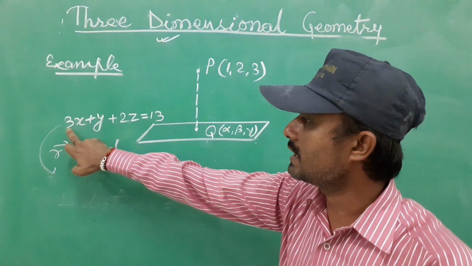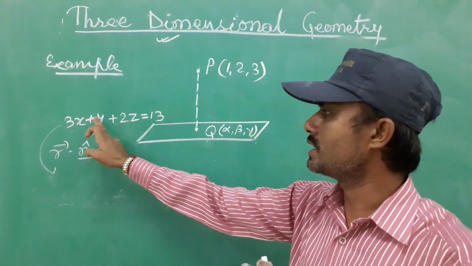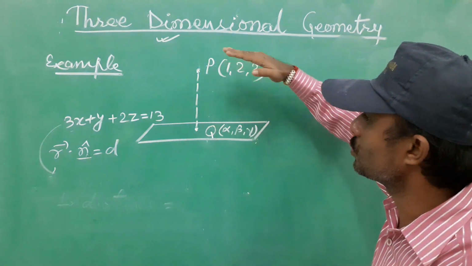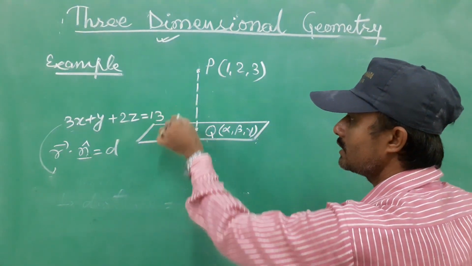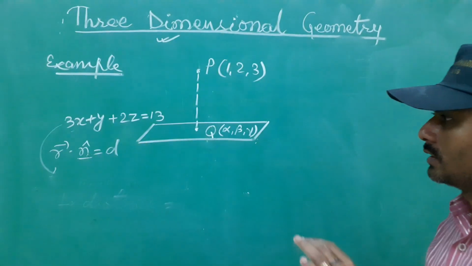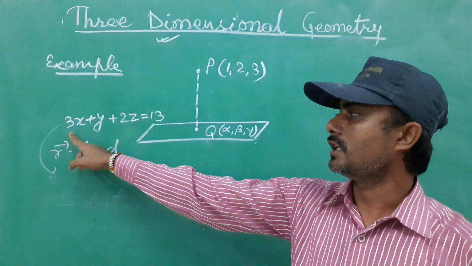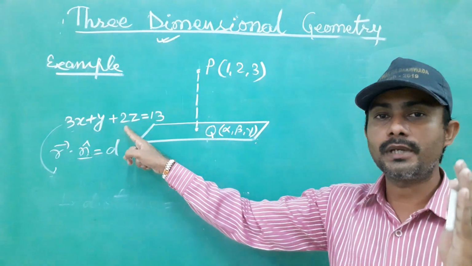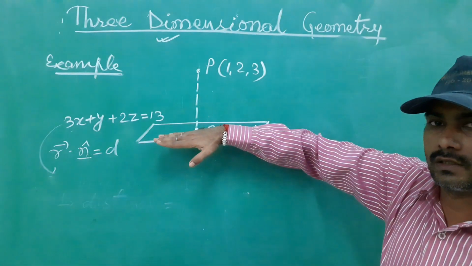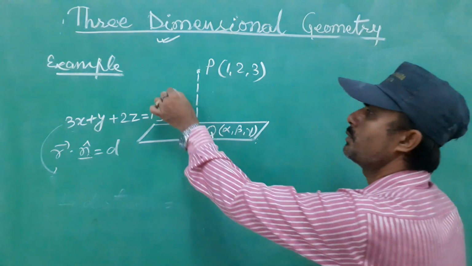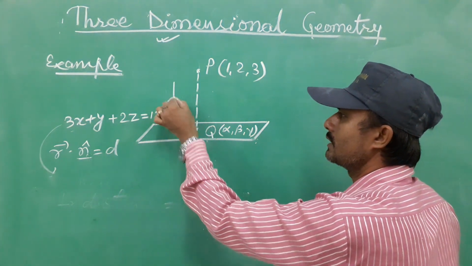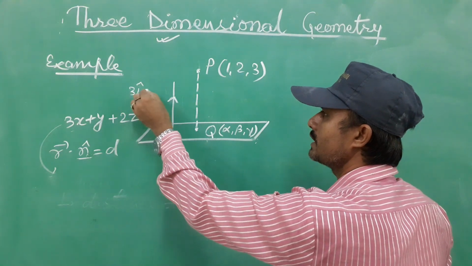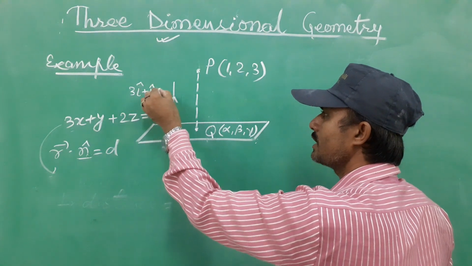The perpendicular vector is 3i plus 1j plus 2k. This vector is perpendicular to the plane anywhere. It can be here, it can be here. So 3i plus j plus 2k is the perpendicular vector to the plane.